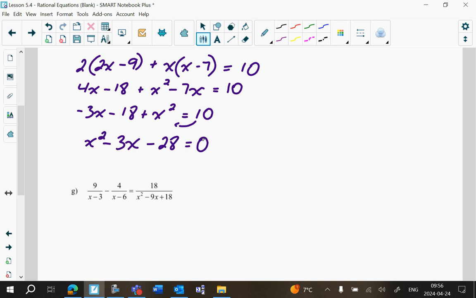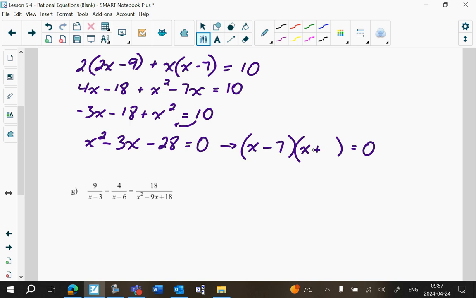We got another one with 28. Yep, but one's got to be positive, one's got to be negative. Positive 7, negative 4. Negative 7, positive 4.